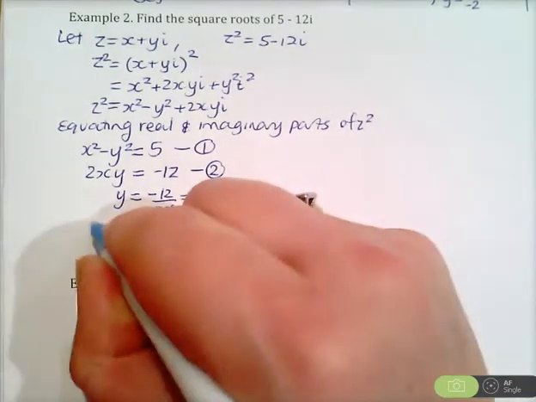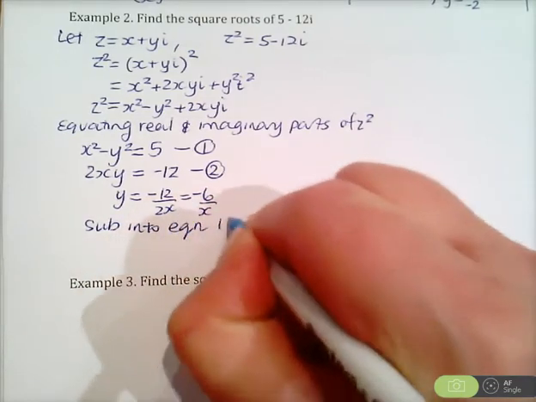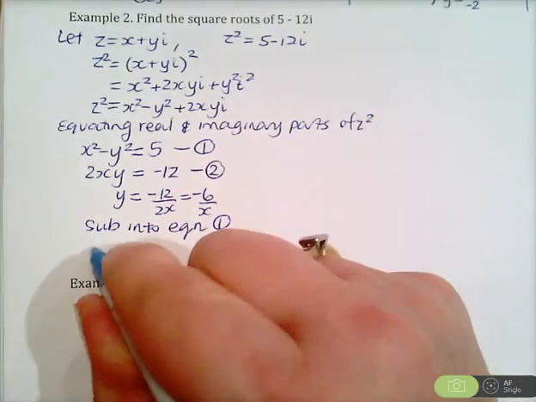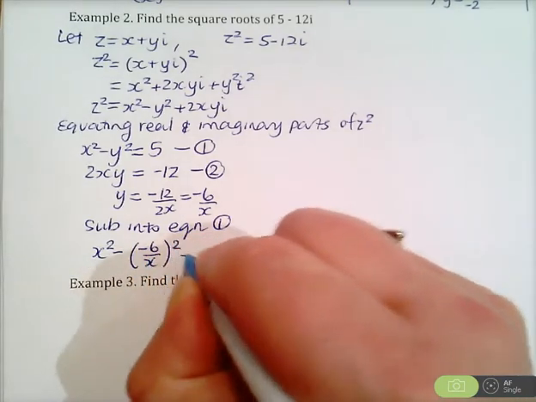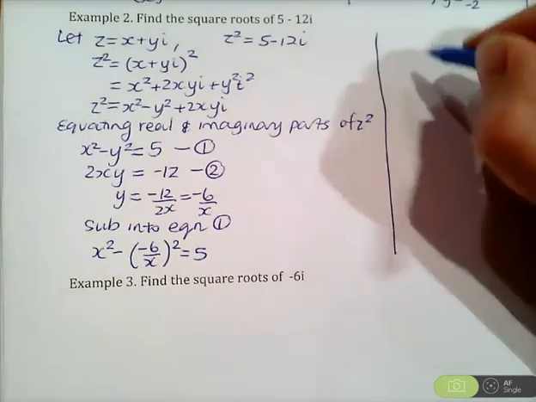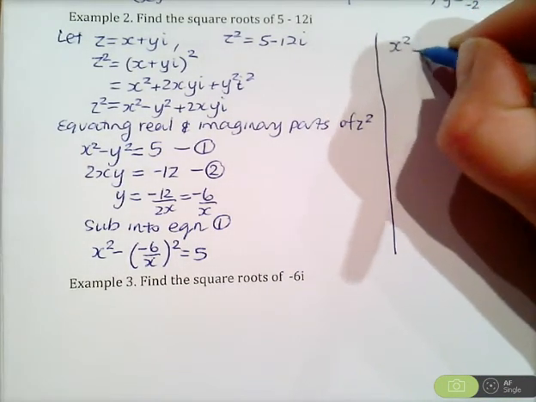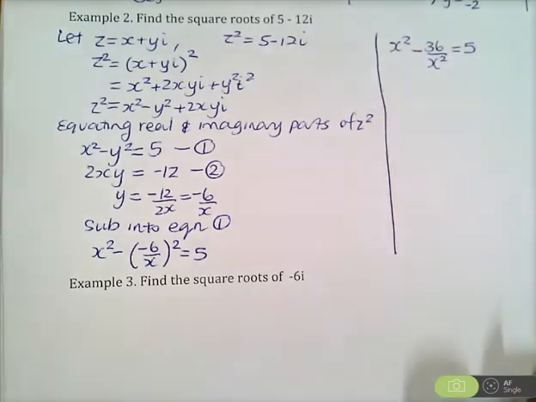Now we're going to sub that into equation 1, and you'll get that x squared minus (-6 on x) squared equals 5. And we keep going. So therefore x squared minus 36 on x squared is 5.